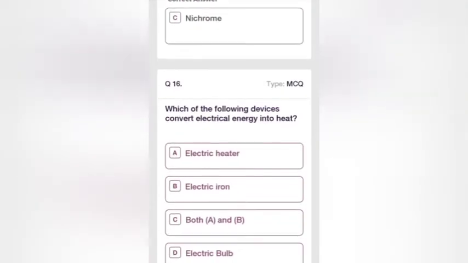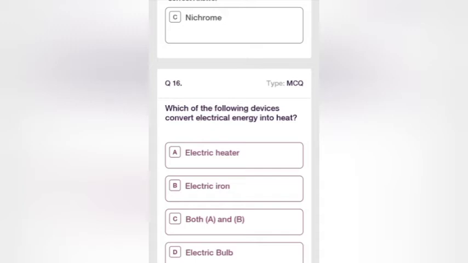Which of the following devices convert electrical energy into heat? See, when we supply electricity, electric current, heat should be produced and that heat should be useful for us. Electric heater, yes, it is used for heating the water, and electric iron, yes, it is used for ironing the clothes.